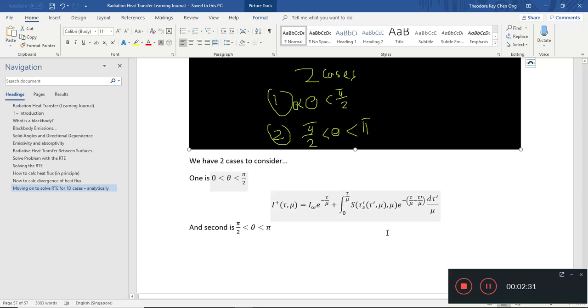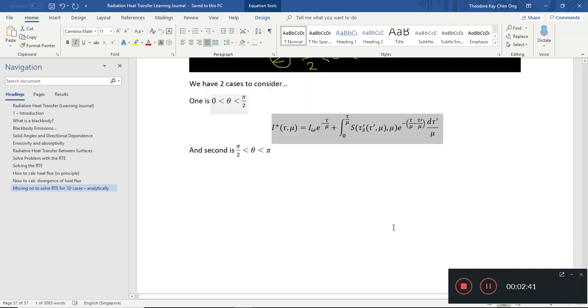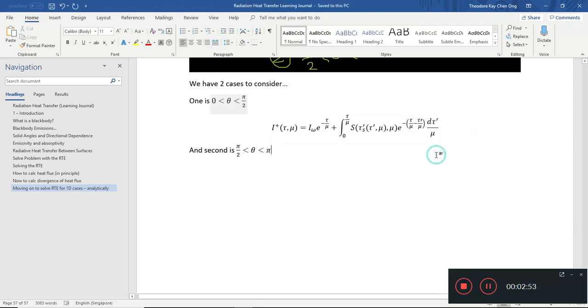Okay, so what about this second case? Because the first is more or less done already. What then do we do with this bottom case, theta equals pi by 2 to theta equals pi, or you have this inequality here accordingly?